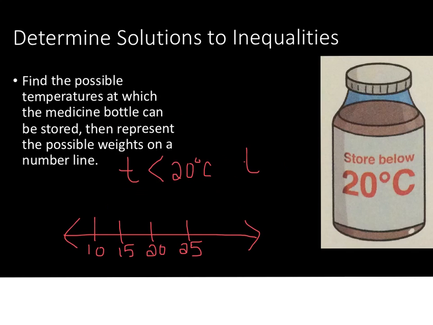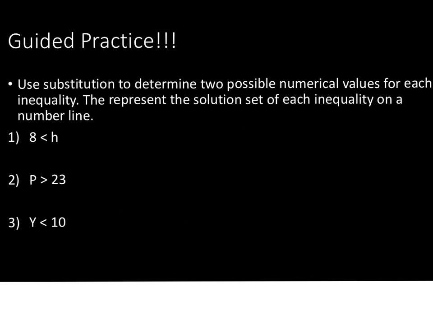Alright, T could be 19.5 degrees, or T could equal 10 degrees, as long as it's less than 20 degrees, but T could not be equal to 20 degrees because it has to be below 20. So again, we're going to leave an open circle. We're going to draw an arrow showing it has to be less than 20, and that's how we would represent that on a number line.